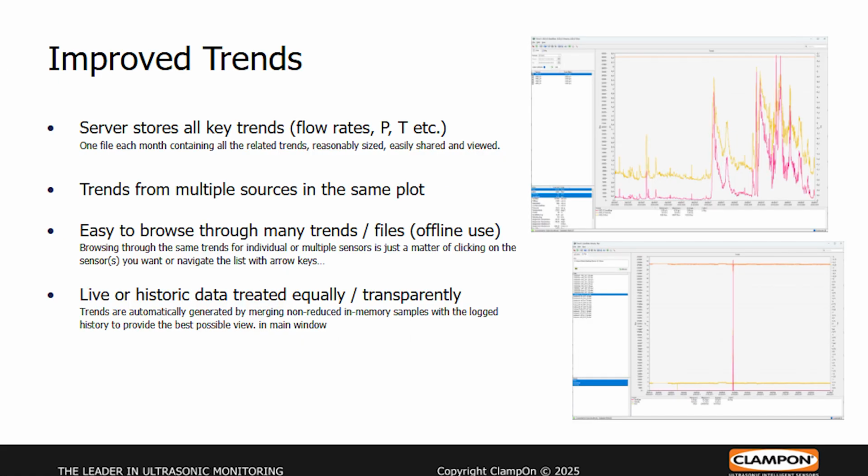Of course, now that we're trending not just the velocity, raw value, and SAN rate, but also whatever flow information we get, the trend windows have changed a bit, where you select one or multiple sensors and one or multiple tags to read from all of these sensors. And you get all of them up in your trends.